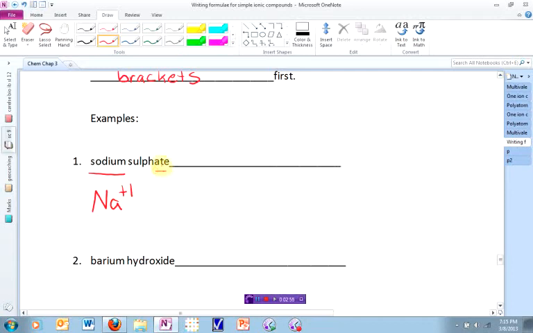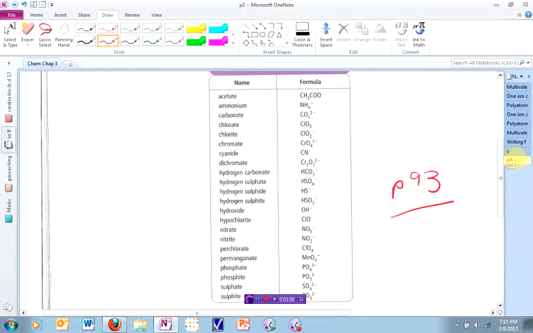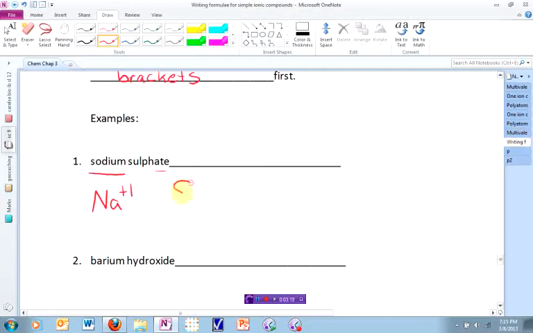That's our first clue that it's not a nonmetal, but a polyatomic ion. So we have to go to the chart that's on the back of the periodic table. And we'll look down here and we'll find sulfate right at the bottom, SO4 -2. So we'll remember that, SO4 -2.